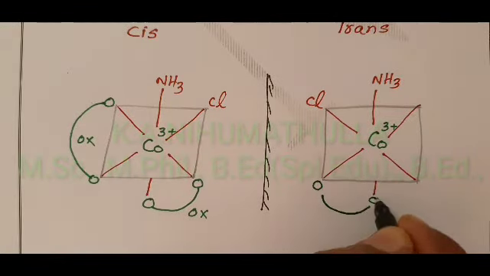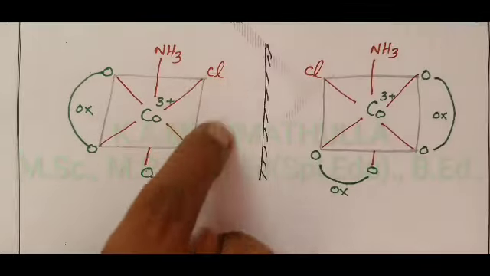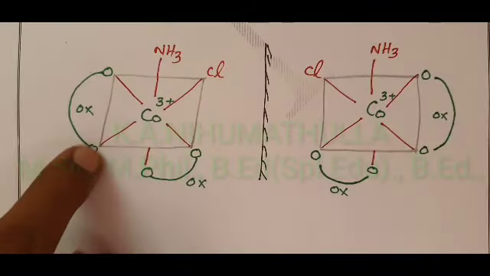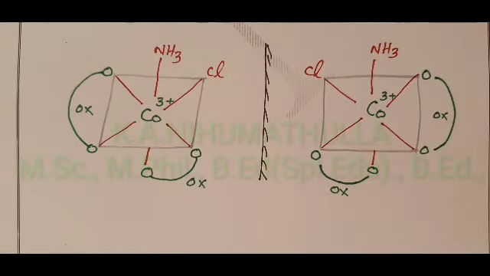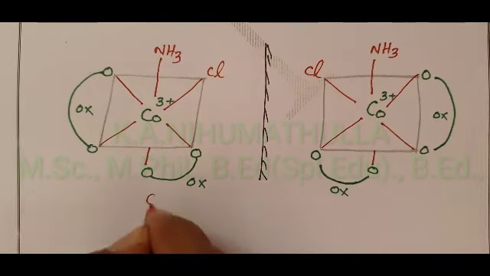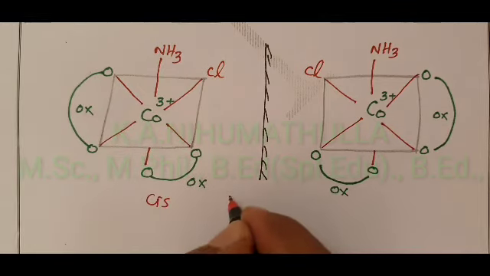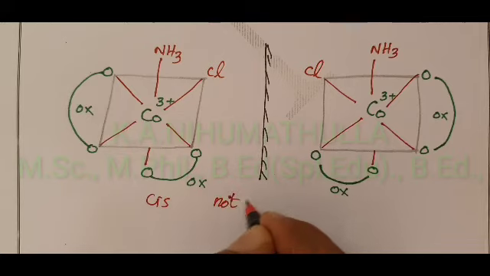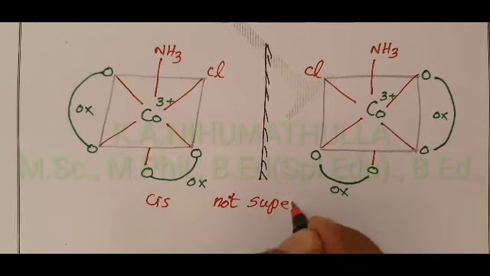When you place the mirror image on the complex, they are not superimposable. This oxalato is present here, this oxalato is present here. Therefore, these isomers are cis isomers. The cis isomer is optically active, not superimposable.